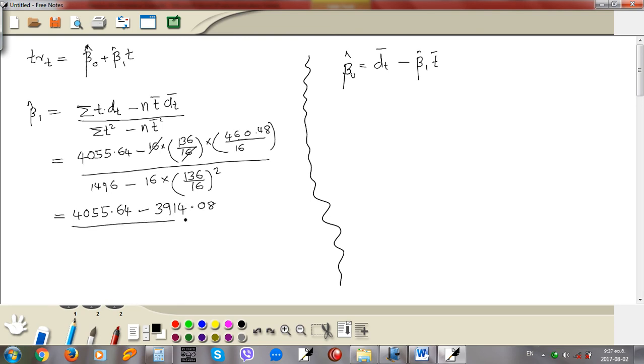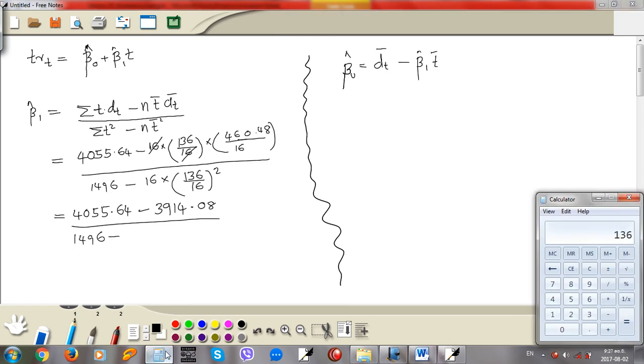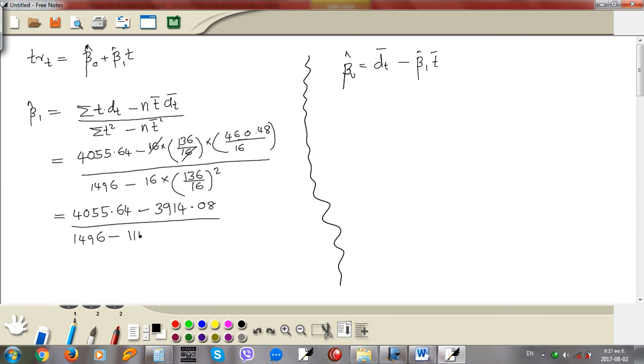And here we can simplify 1496 minus 136 multiplied by 136 divided by 16, which comes to 1156.